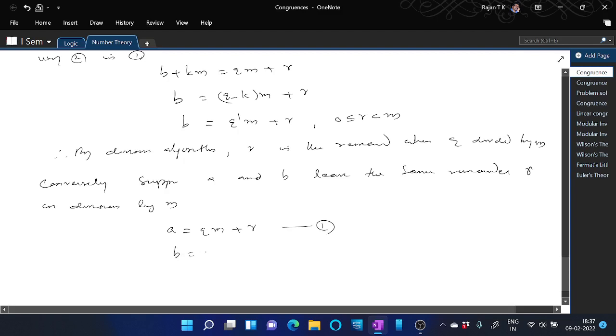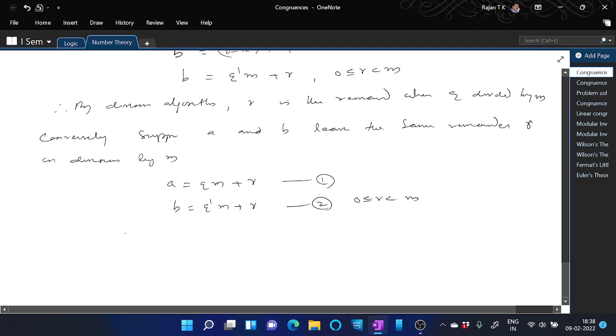Similarly, B also we can write as Q dash M plus the same remainder R, 0 less than or equal to R less than M for both. Here R is the remainder, so A is some quotient Q times M plus R, and B is Q dash, another quotient, times M plus R.